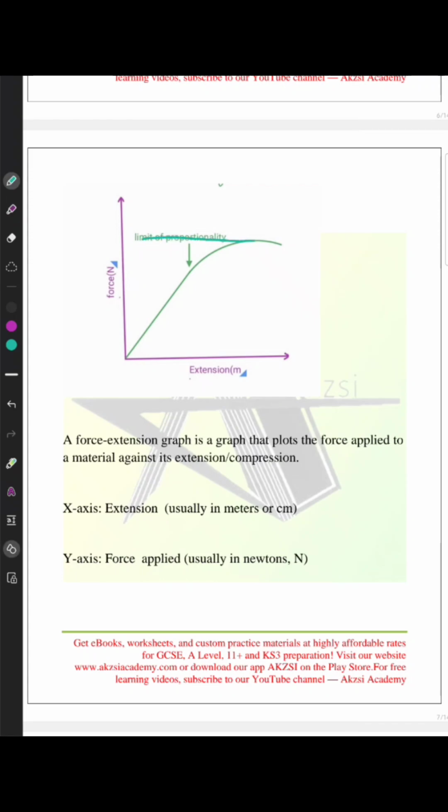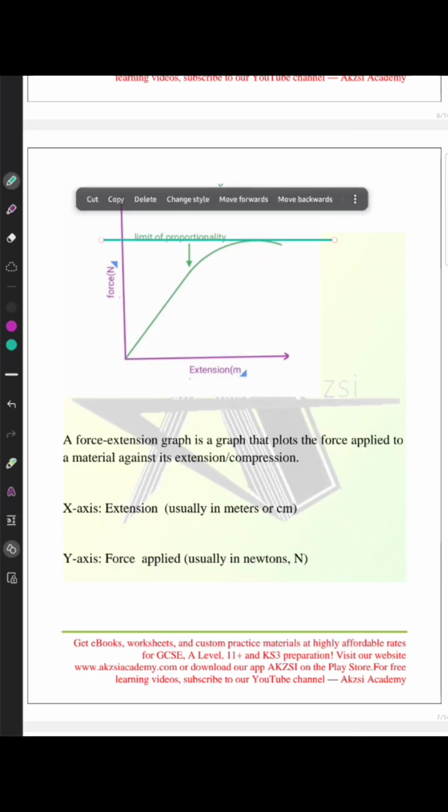Whatever this value is, that's called your maximum force. This is the force that a particular object can withstand at most, and beyond it, it will break.